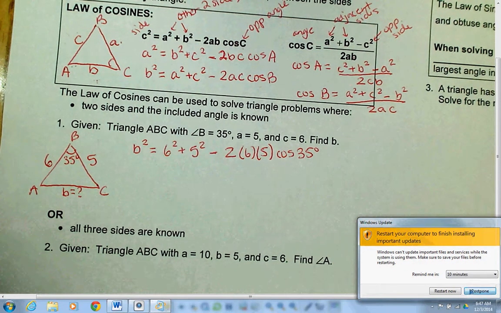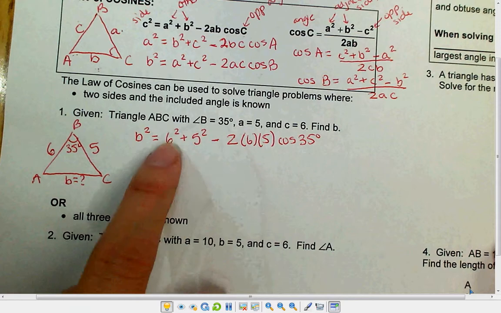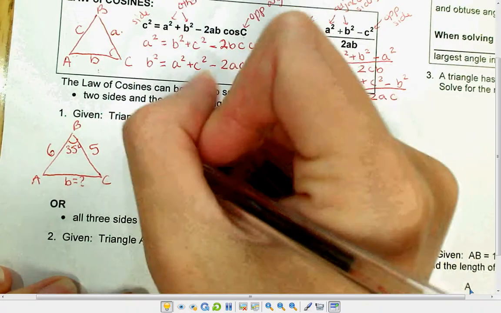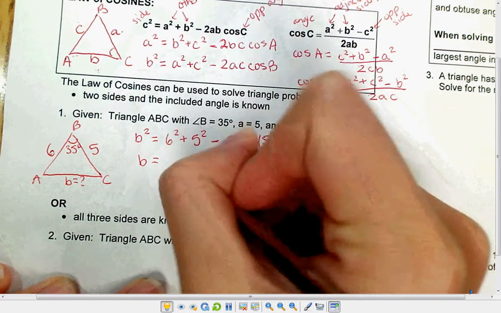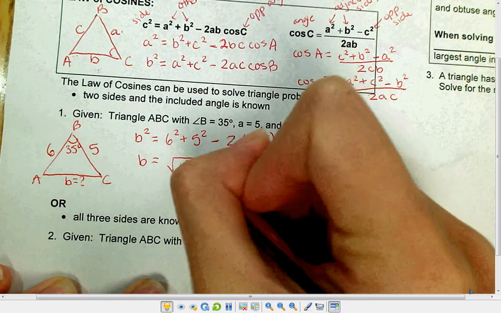And then to solve for B, all I have to do now to undo the squared is take the square root of both sides. So B is just the square root of this entire thing.